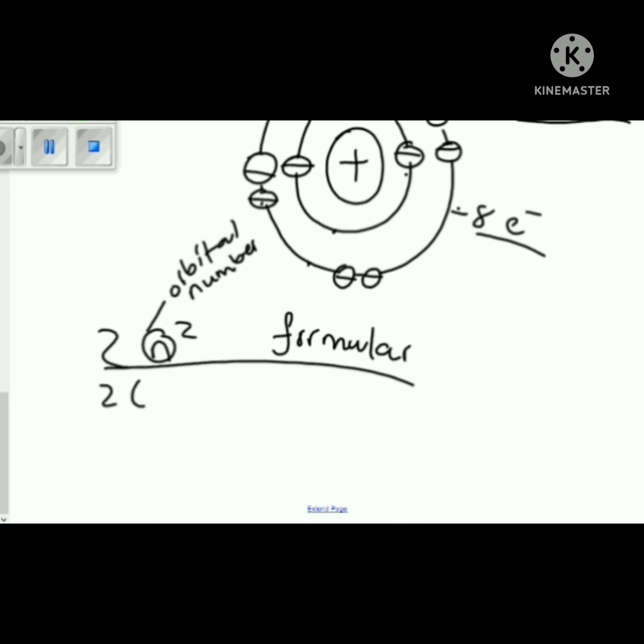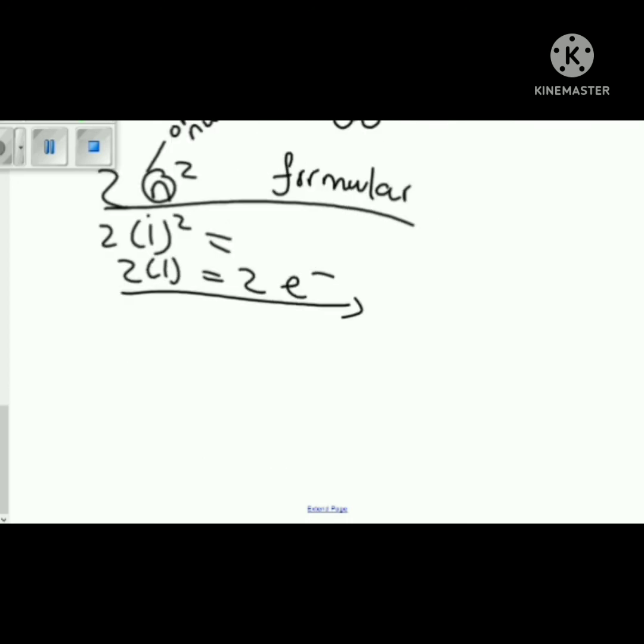And then how do you find the maximum holding capacity of the second shell? You say 2 multiplied by shell number 2 squared. 2 squared is 4. 2 multiplied by 4 equals 8 electrons contained within the second shell. So never forget this formula for easily finding out exactly how many electrons each orbital holds.